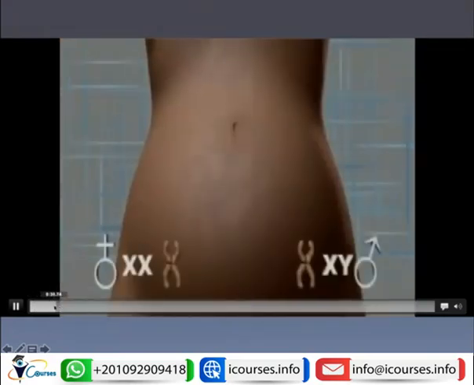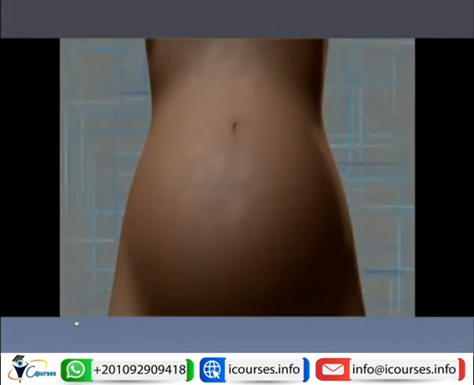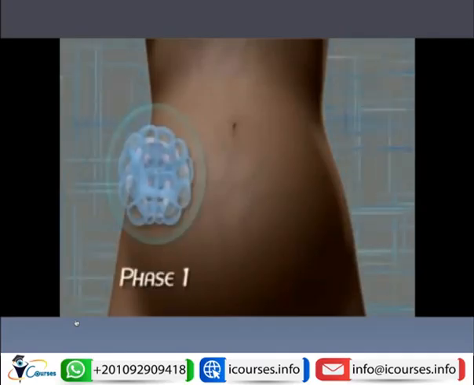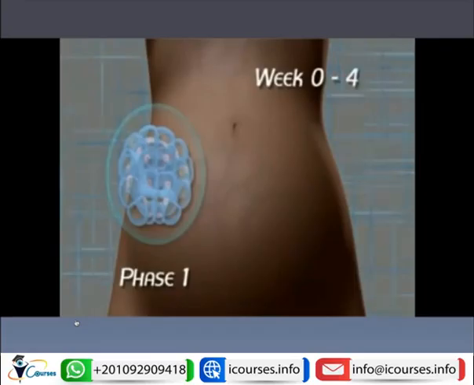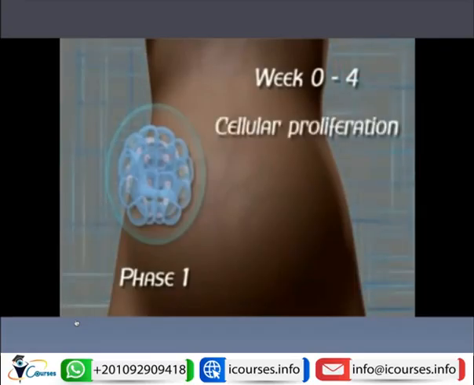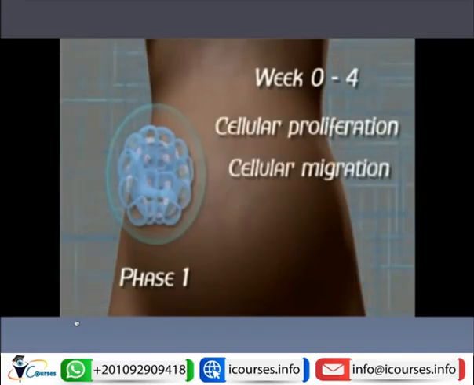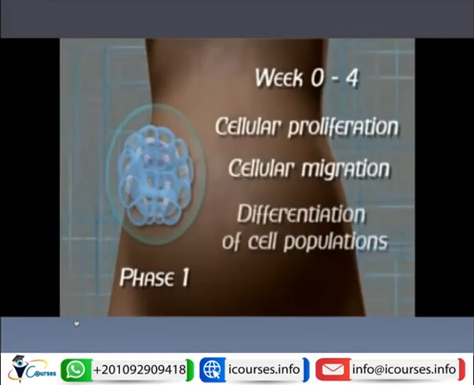XX are paired in the female and XY in the male. Prenatal development is divided into 3 successive phases. The first phase spans the first 4 weeks of development. It involves cellular proliferation and migration with some differentiation of cell populations.